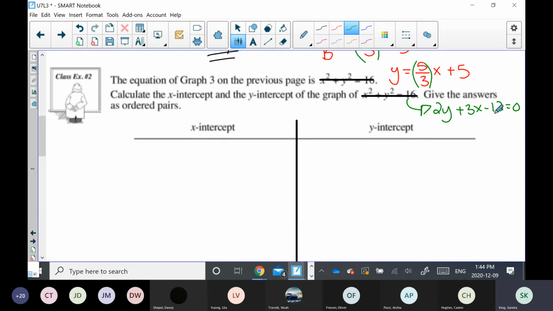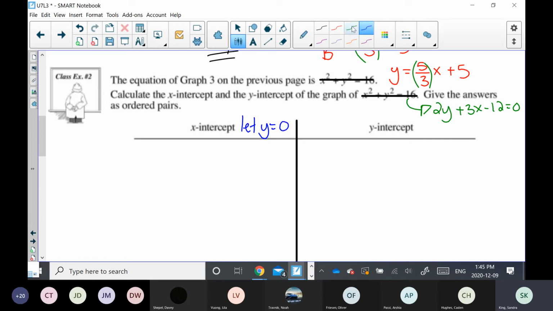So again, later on, I'll show you how to enter this in your calculator because we'd have to totally isolate this y, right? So we'd have to get rid of that 3x and get rid of that -12, but that's actually a different chapter. That's our next chapter. So right now, based on this equation though, you could calculate your x-intercept. How you do that is you let y equal 0.